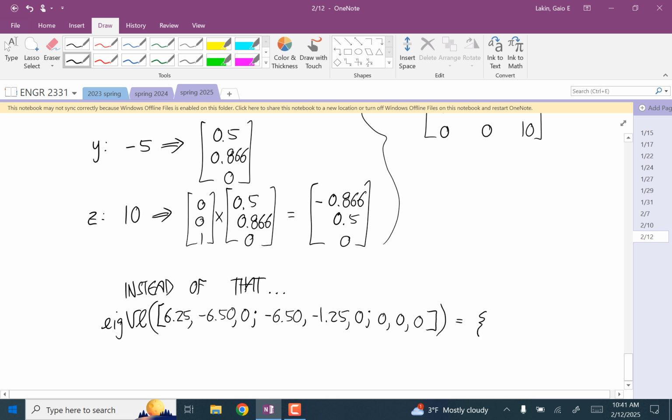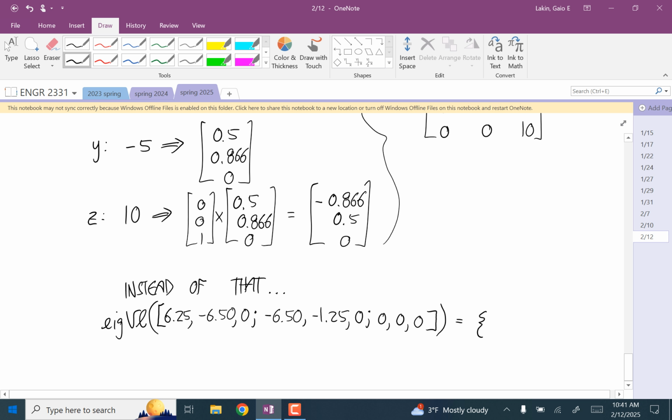And that gives, yay. And then when it gives you, on the Inspire, will the order of the eigenvalues that it gives you correspond to the x, y, and z on the vectors? Yes, exactly.